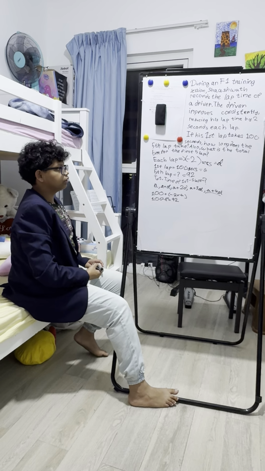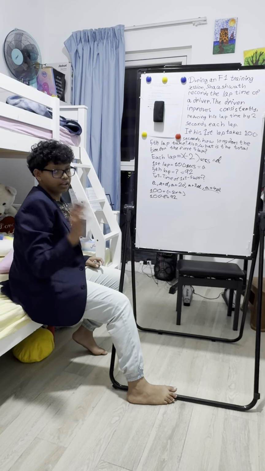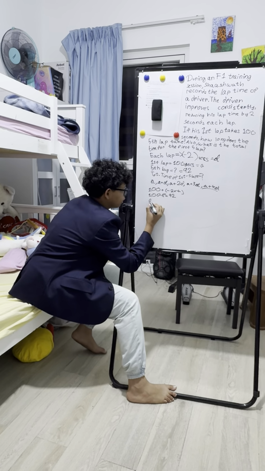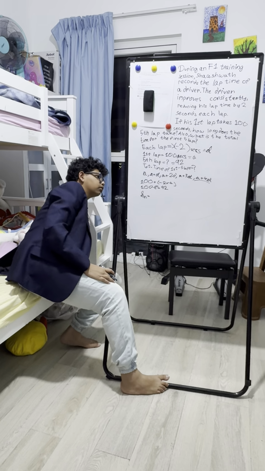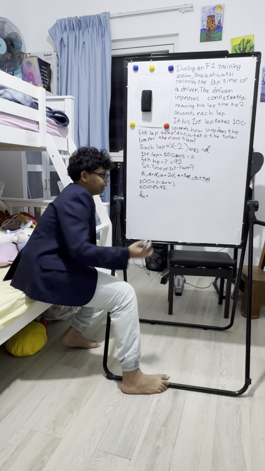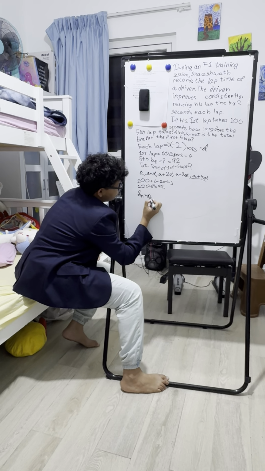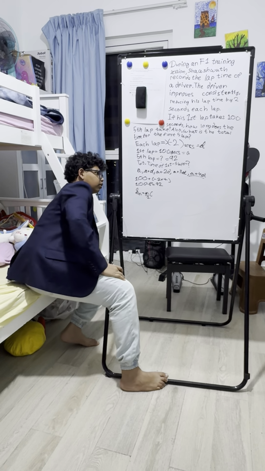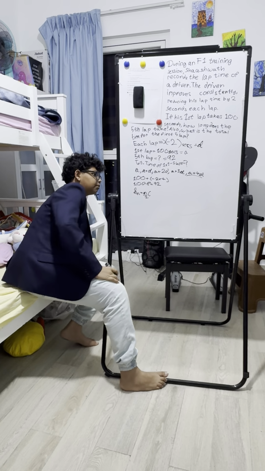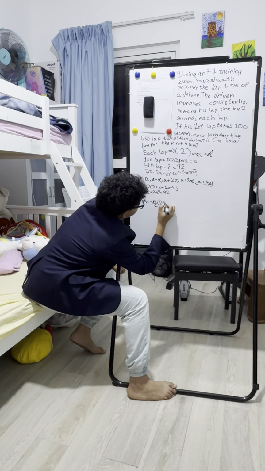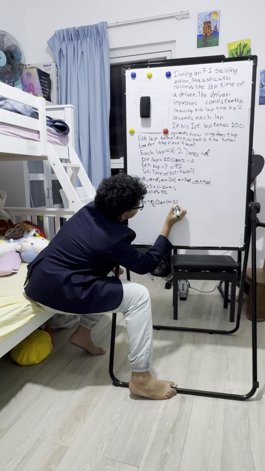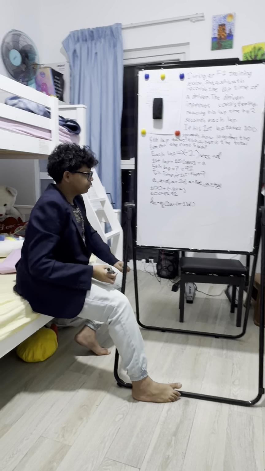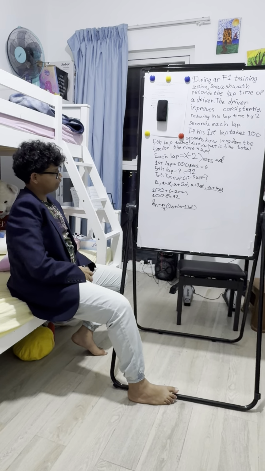Now what is the total time taken of the first 5 laps? For this we have to bring out the Sn formula. Sn is equal to n by 2 into 2a plus n minus 1 into d. So we have the formula.